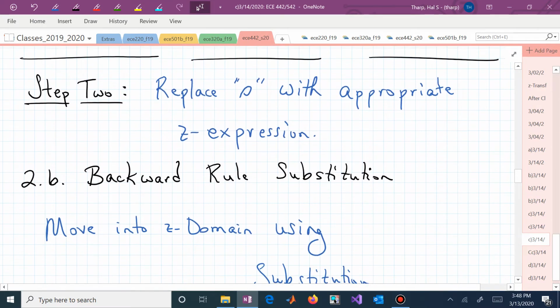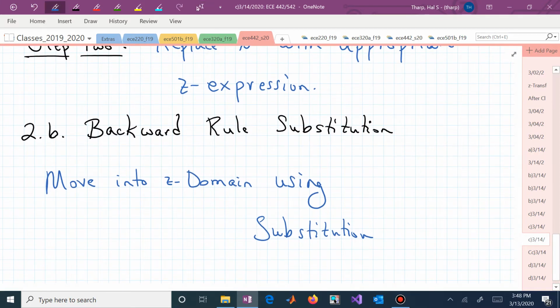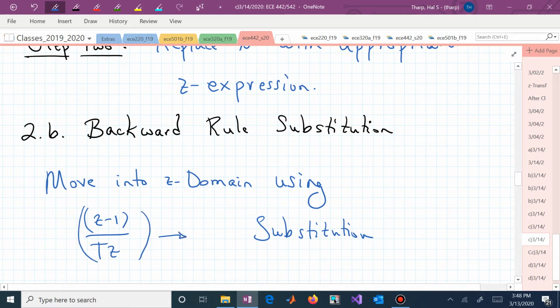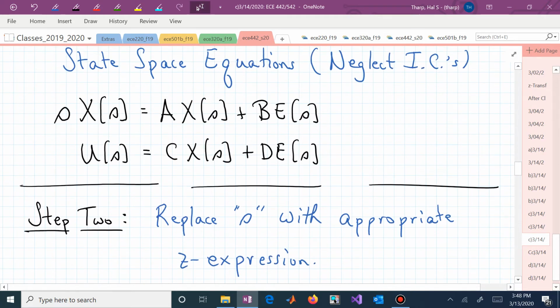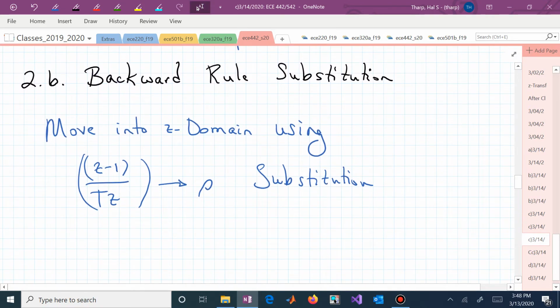We want to use the backward rule, which means that we replace S with the appropriate Z expression, in this case Z minus 1 over T Z. That's substituted in for S, and the only place it gets substituted is right there. The arguments are just saying we're in the Laplace setting, or we are in the Z setting after the substitution in the discrete time case.